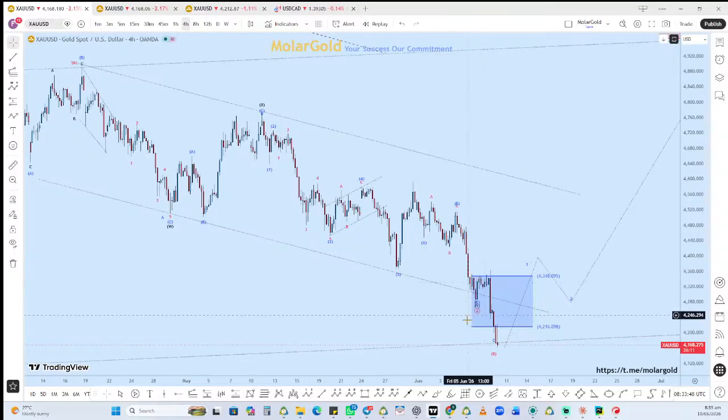Price has gone through the 1.618 levels and it's still dripping all the way. I think I mentioned that. Yeah. See, when I talk, some of you don't take your time to listen to the videos. Please. That is why at some point I make emphasis.